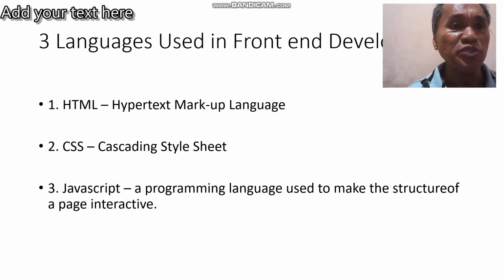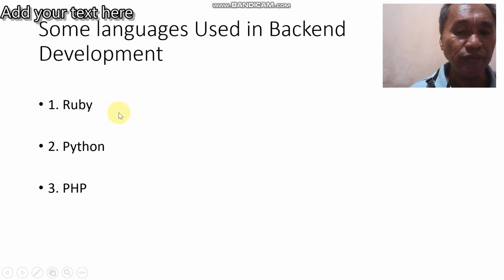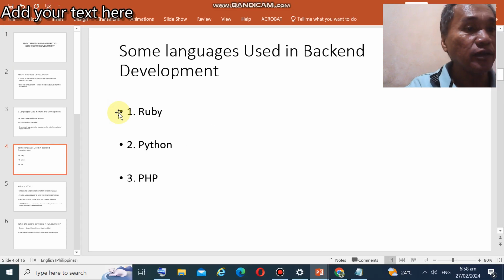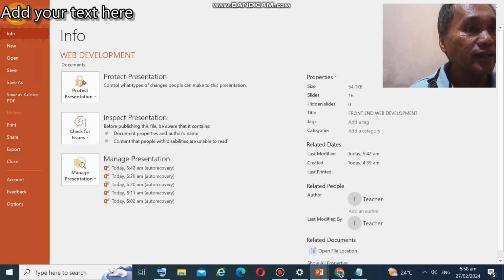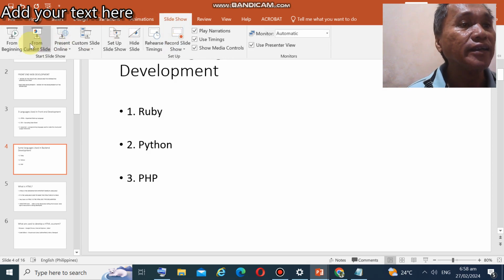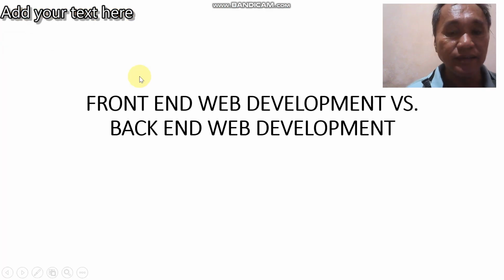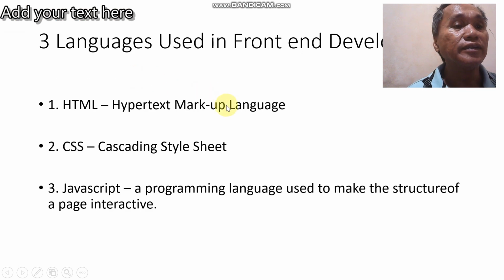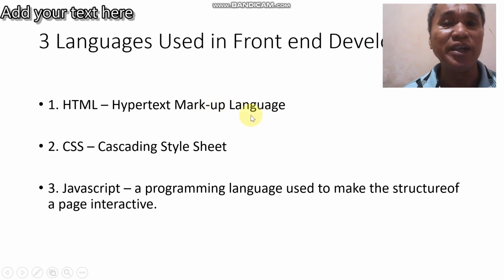Then we have the three languages used in front-end development. The first one is HTML, the acronym for hypertext markup language.